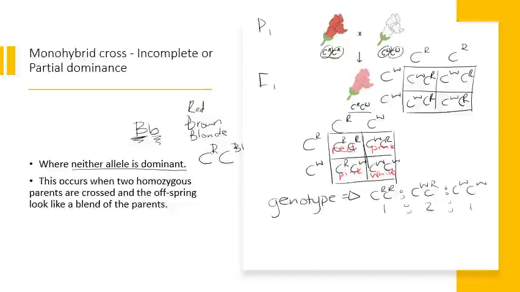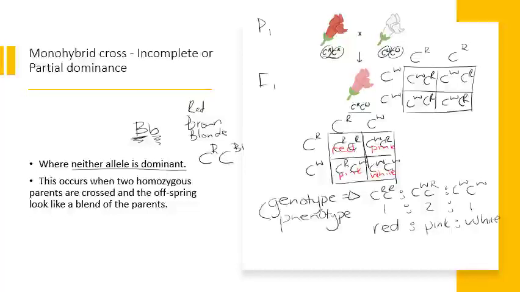And what we realize in a partial or incomplete dominance is that our phenotype is going to be the same. We're going to have 1 red is to 2 pink is to 1 white.